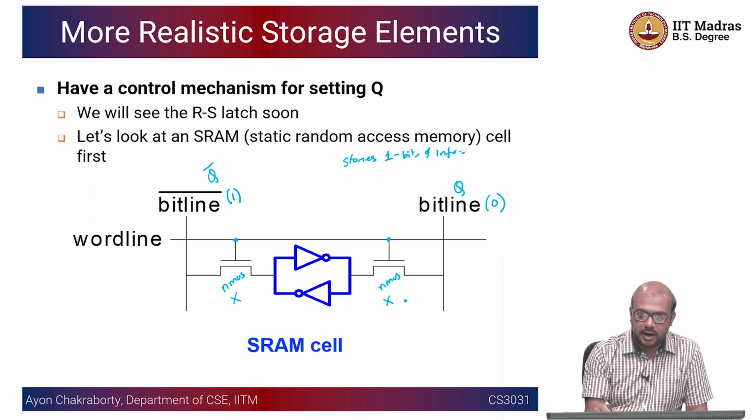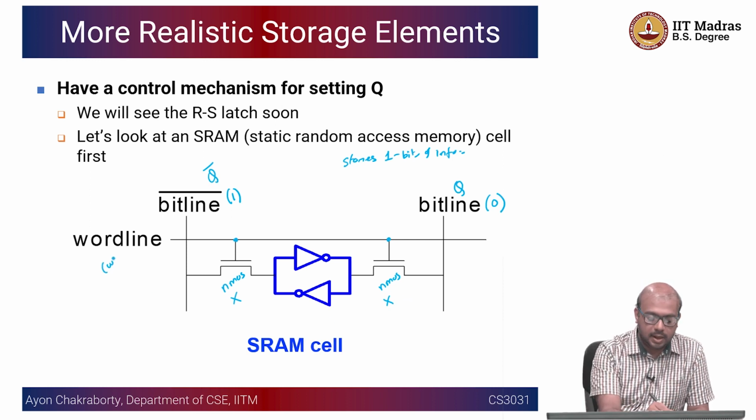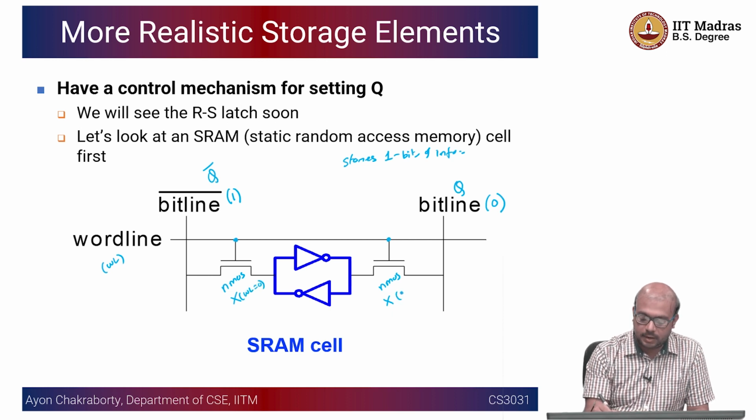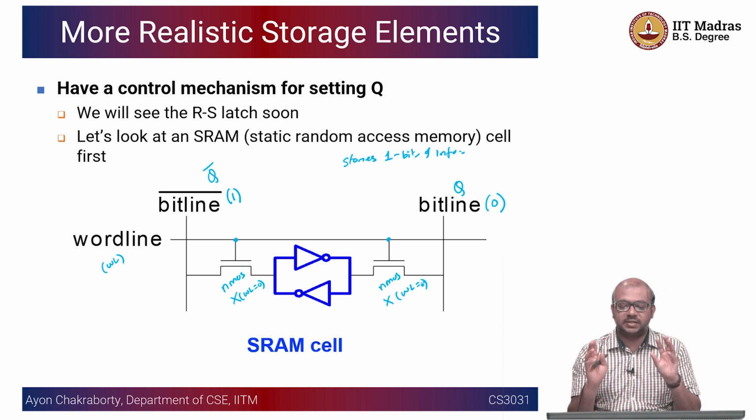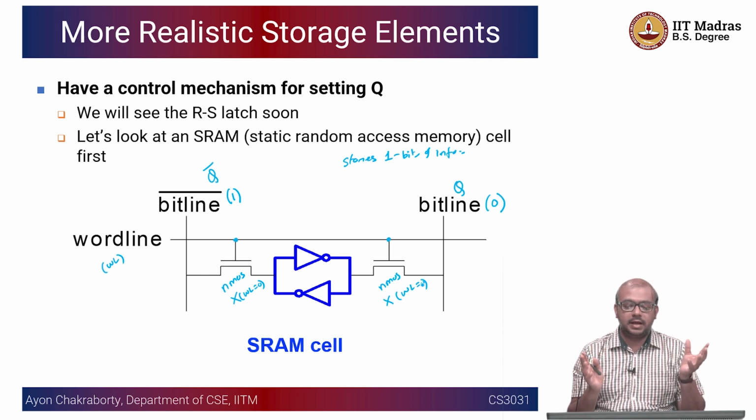So if the word line WL is equal to 0, it's as if your SRAM cell is isolated, right? In that case, it is going to hold the information, mind it. It is going to hold the information, but if you want to change it, you have to activate the word line.